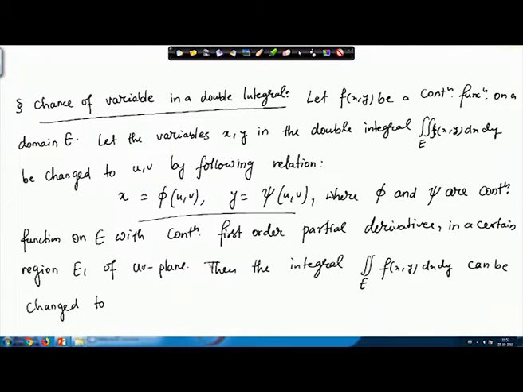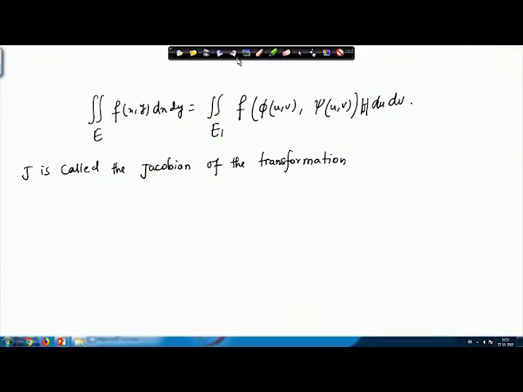This is my transformation, and J is the Jacobian of that transformation, which is given by J equals del(x,y) over del(u,v).